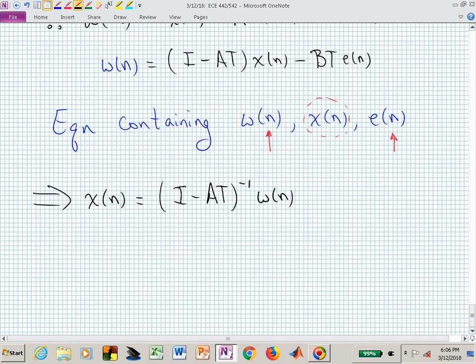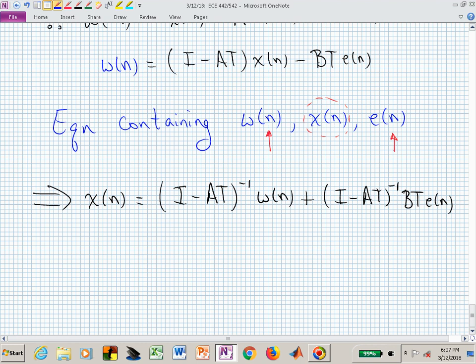And I now have plus I minus AT inverse, so I'm taking now the E of n to the other side, BT E of n. Now I have an equation of x of n in terms of W of n and E of n, and that's what I needed on the right-hand side of my equation for W of n plus 1.